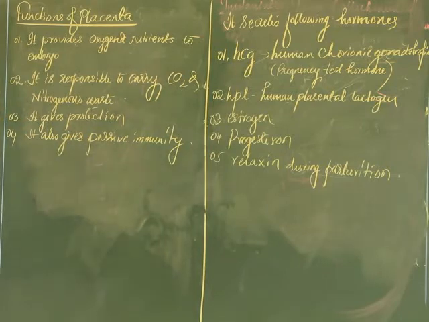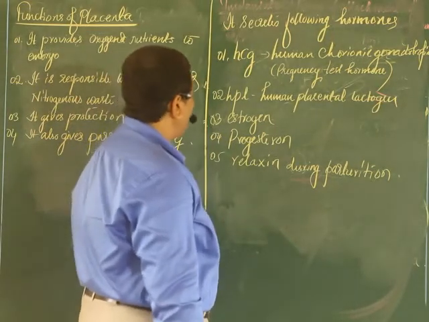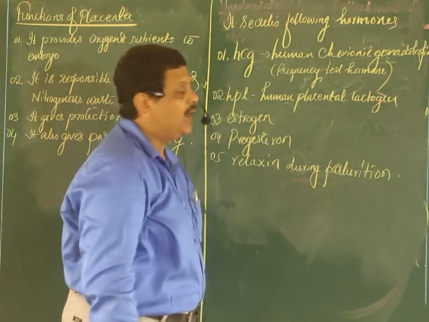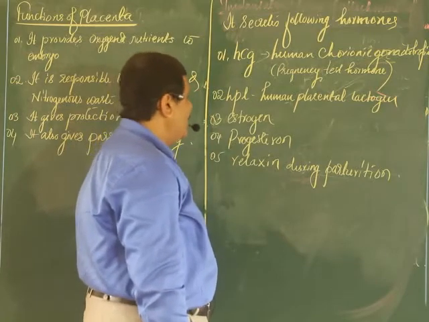So, these are the important hormones produced by placenta. HCG, human chorionic gonadotropin, is also called the pregnancy test hormone. HPL, human placental lactogen, estrogen, progesterone, relaxin.